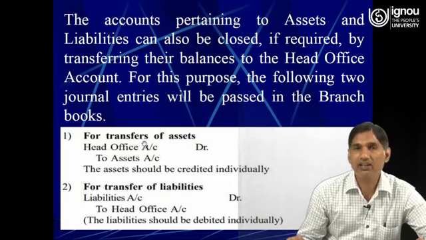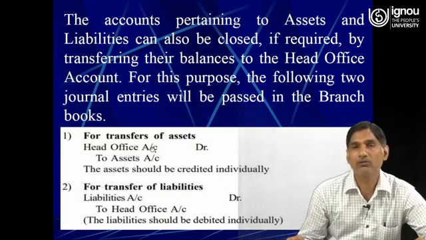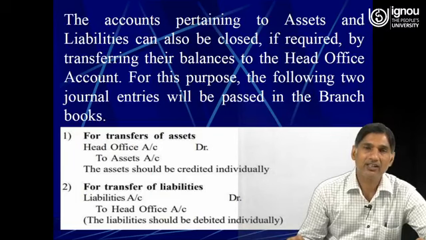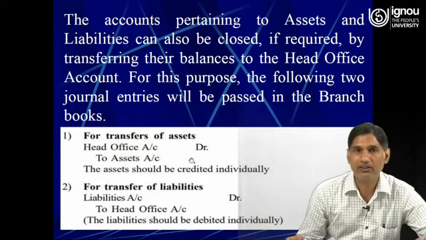When we transfer the assets to the head office, head office is the receiver. As per the rationale of the personal account, debit the receiver and credit the giver. Therefore head office is the receiver, so the account of head office has been debited.